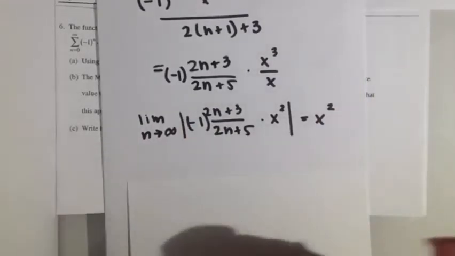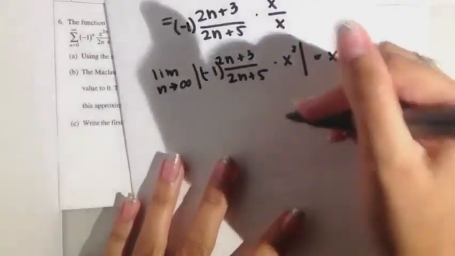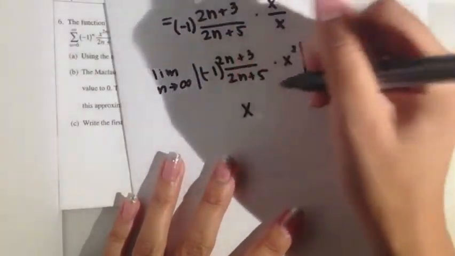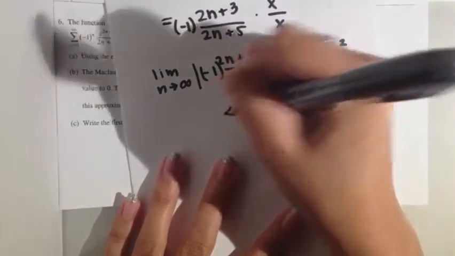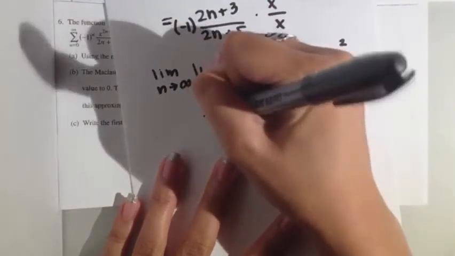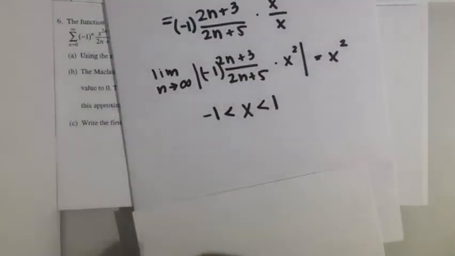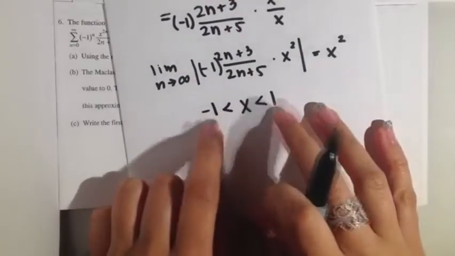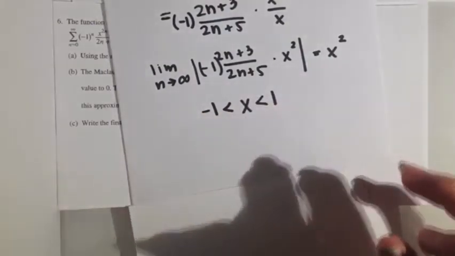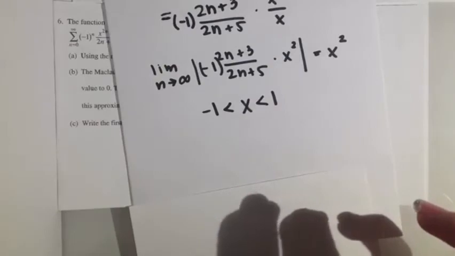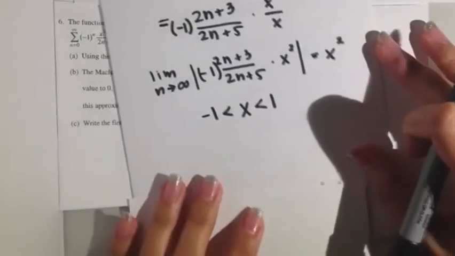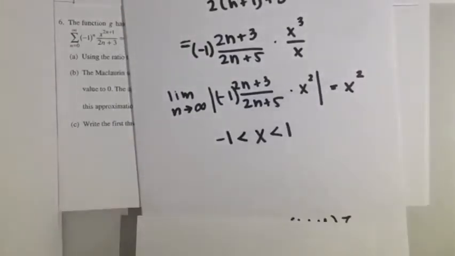The interval of convergence would then be x squared is less than 1, so x is greater than negative 1 and less than 1. But you have to test both endpoints to find if they converge there. So in order to do that, we go back to the series.